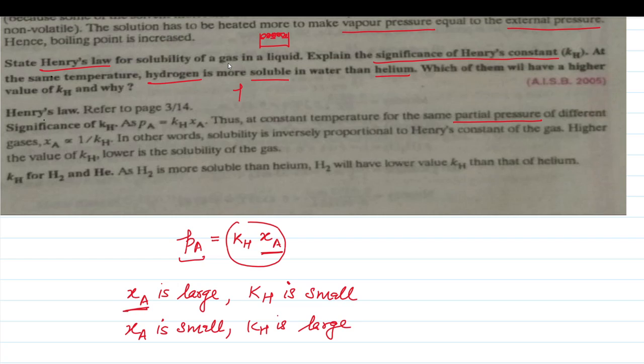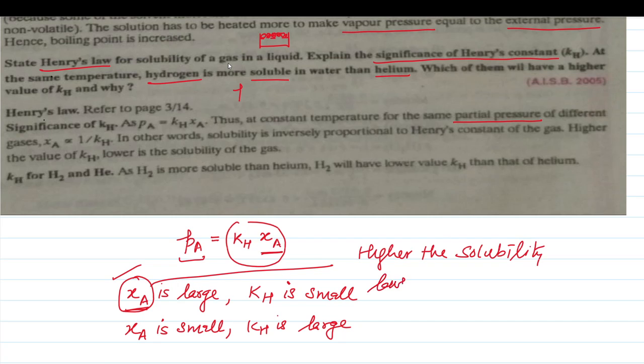Now what is xA? Solubility of the gas. So hydrogen has higher xA, mole fraction is higher. So what does it mean? Higher the solubility, lower is the KH value.